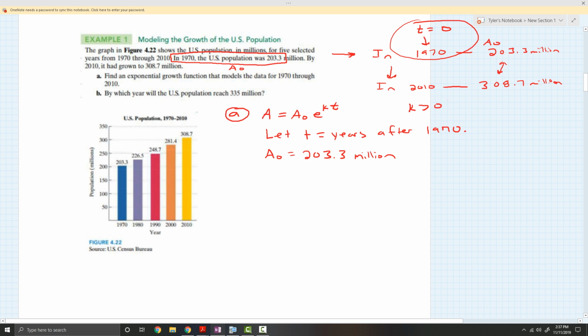So then also what I know, at this point, is t equals 2010 minus 1970, to calculate the number of years past 1970. That would give me 40. So when t is 40, I know that A is 308.7 million.